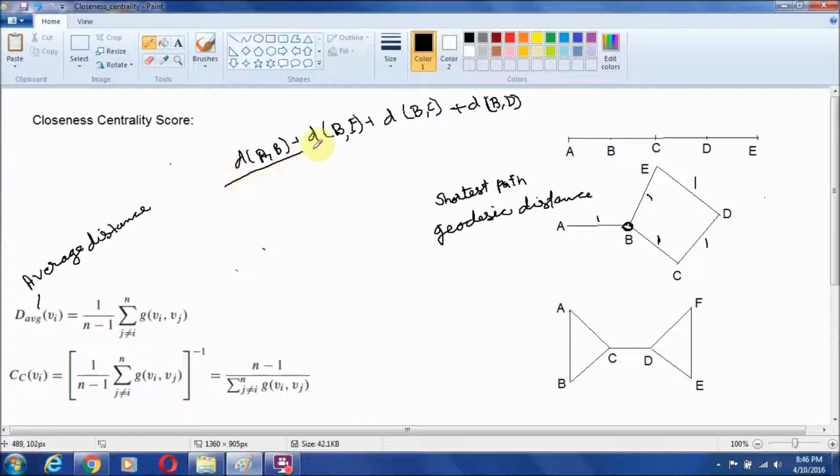After that, to calculate the average, we divide it by n minus 1, where n is the total number of nodes in the graph.